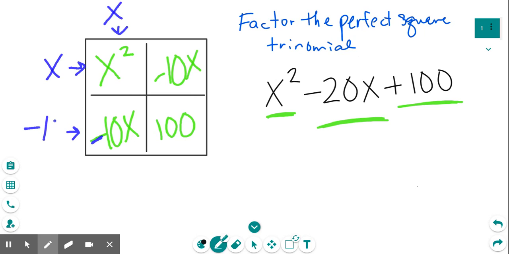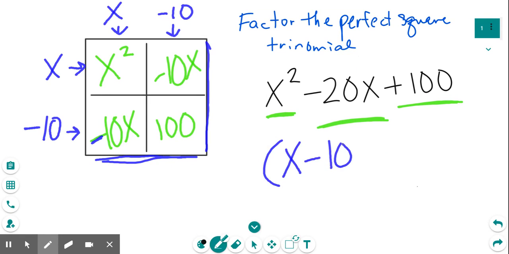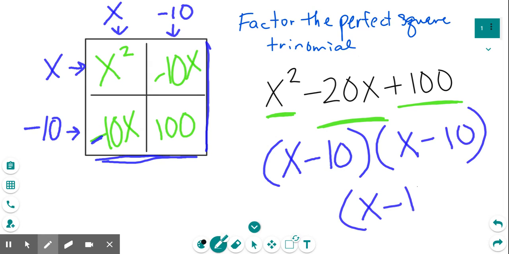That's 10. So we have negative 10 here. And because this row and this column are exactly the same, we're going to have the same thing, x minus 10. So to factor this, we have x minus 10 times x minus 10, and you can also write it as x minus 10 squared.